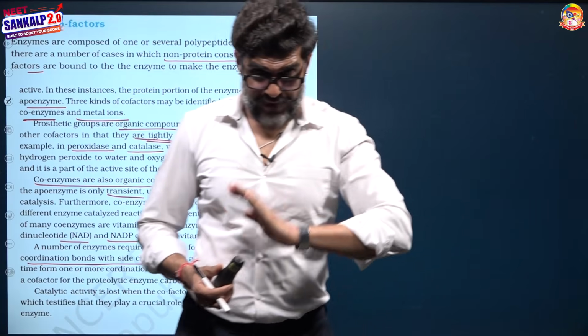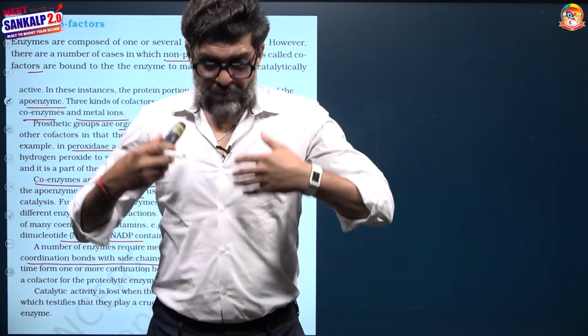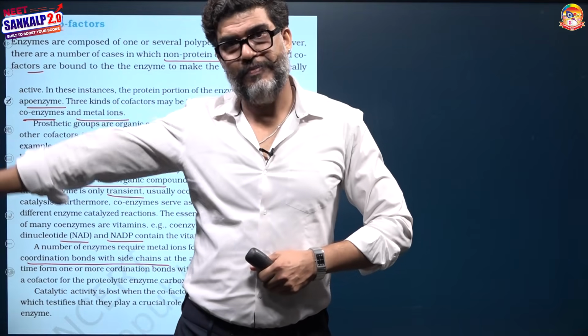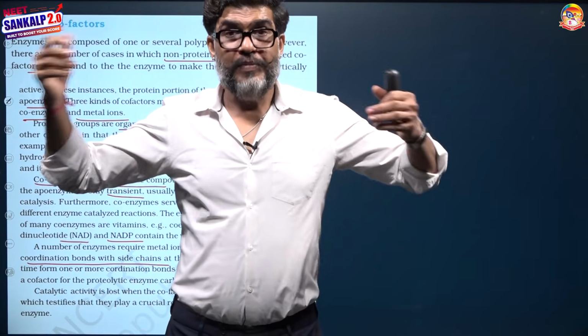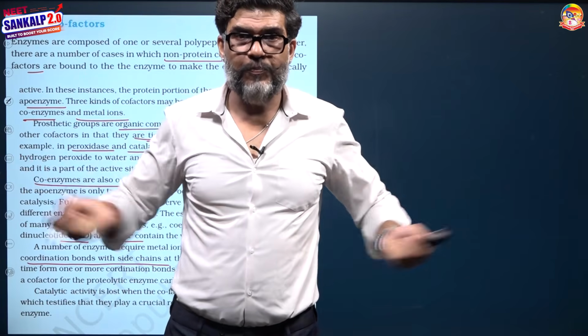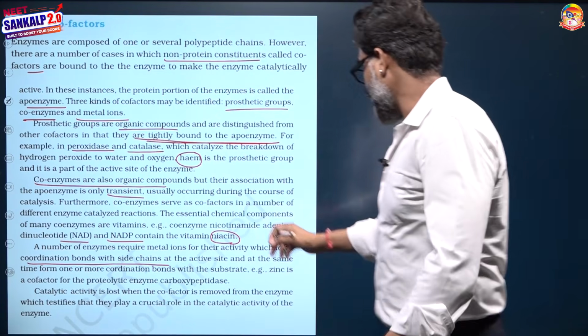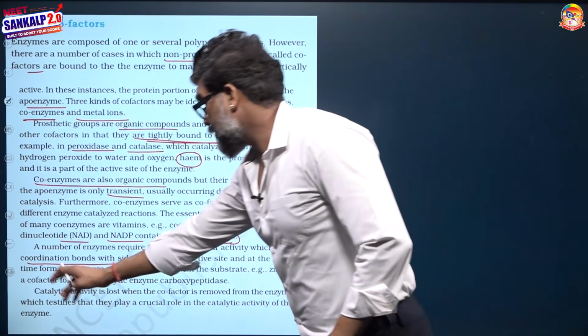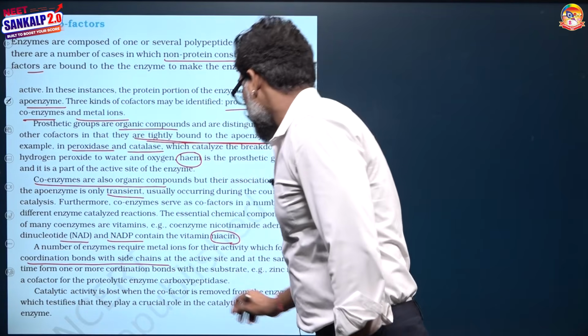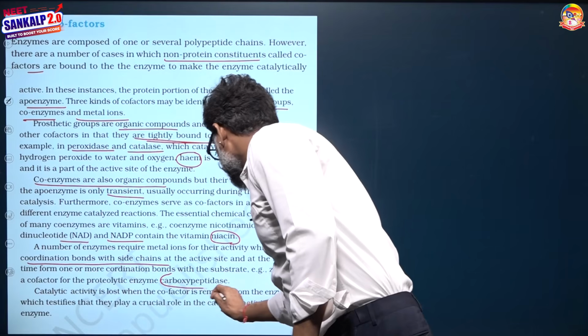Active site, metal ion, substrate. The metal ion forms a coordinate bond with the active site and on the other side makes a coordinate bond with the substrate. Means the metal ion connects the substrate and the apoenzyme with the help of coordinate bonds. An example is mentioned. Zinc, a metal ion, is a cofactor for the proteolytic enzyme carboxypeptidase.